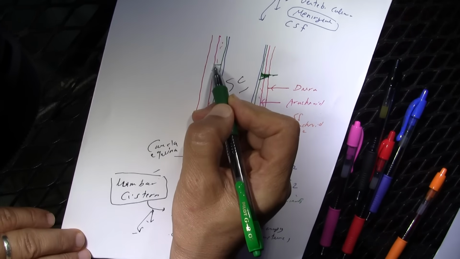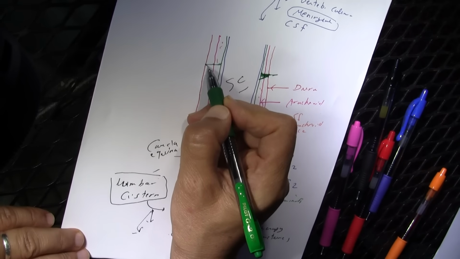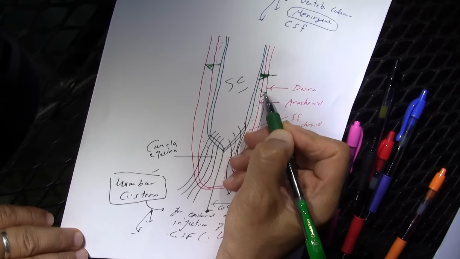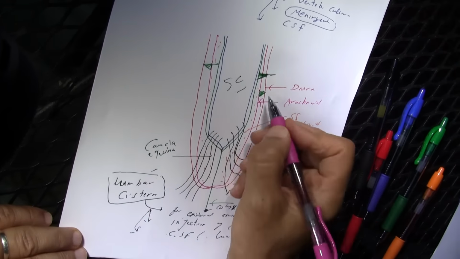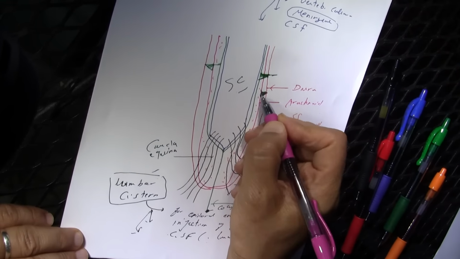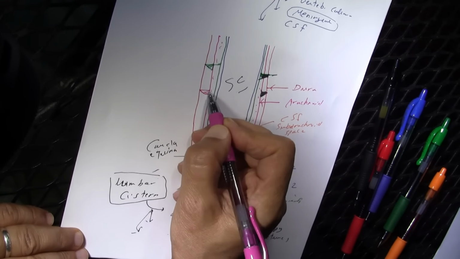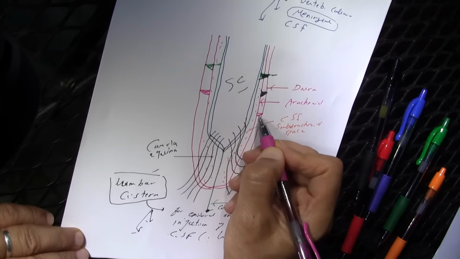So this comes from the arachnoid. This ligament we call denticulate ligament because it looks like teeth.